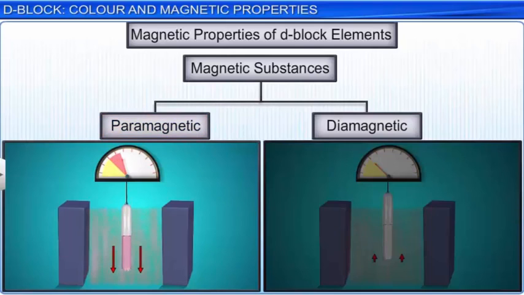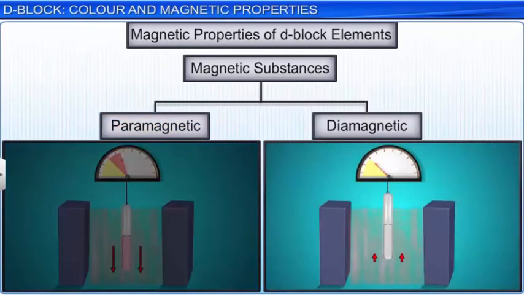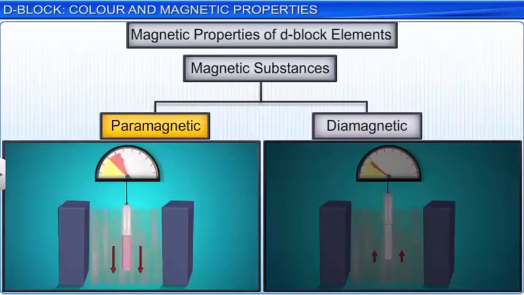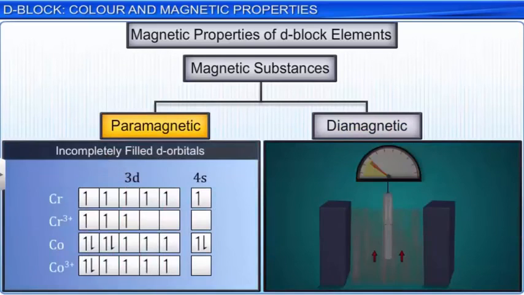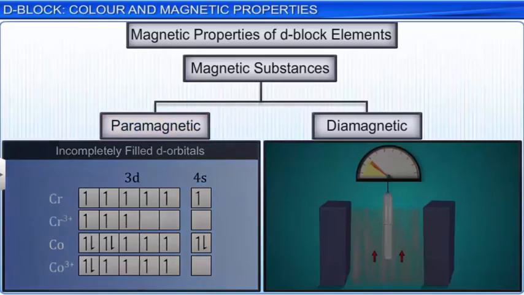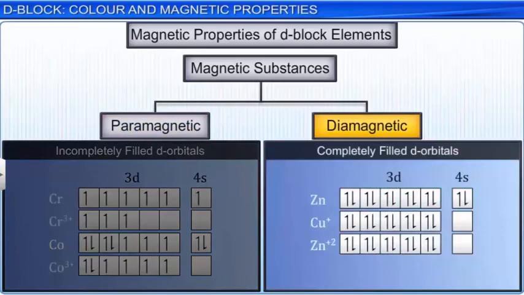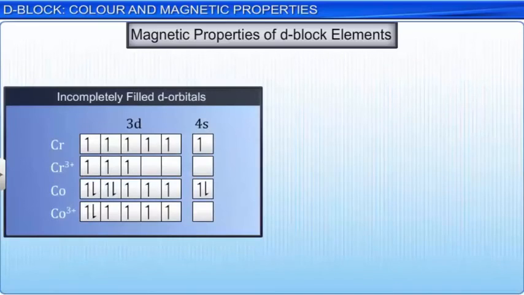Paramagnetic behavior is caused by the presence of unpaired electrons in the atom, ion, or molecule. Diamagnetic behavior is caused by the absence of unpaired electrons. Every unpaired electron is regarded as a micromagnet with a certain value of magnetic moment. The magnetic moment of the electron is due to spin angular momentum.